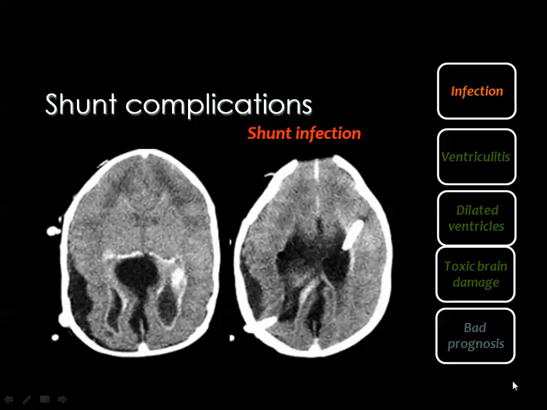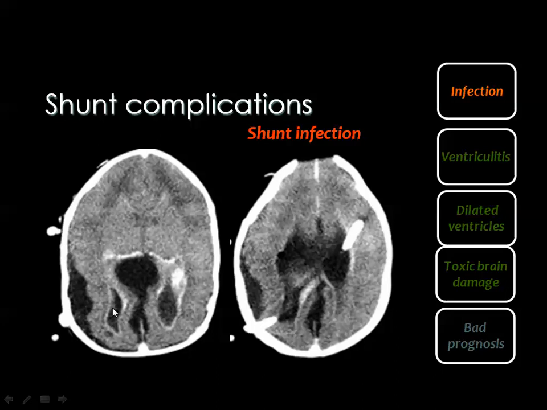Then, if the ventricles are inflamed, this is known as ventriculitis or ependymitis. The ventricles are dilated and the wall of the ventricle is enhancing, taking contrast media, exactly similar to an abscess. And the ventricle is transformed into an abscess at that time.